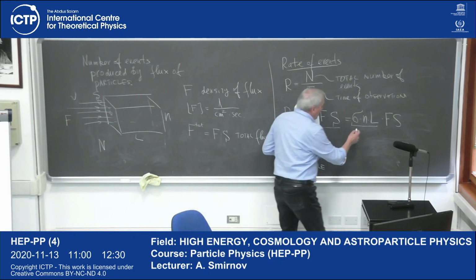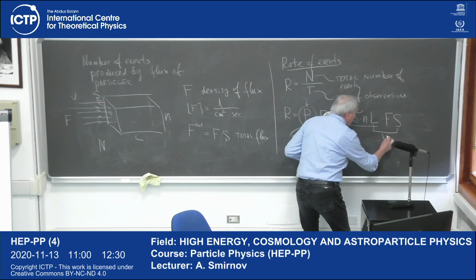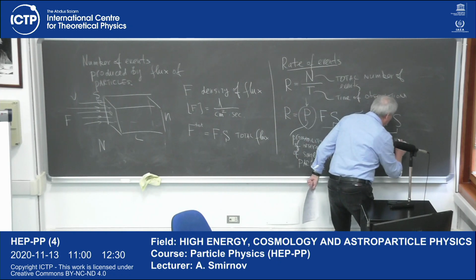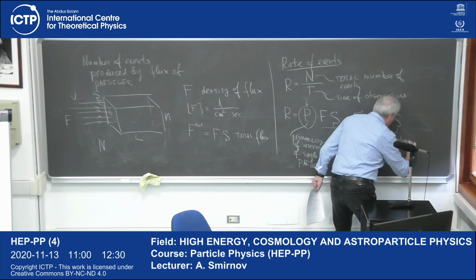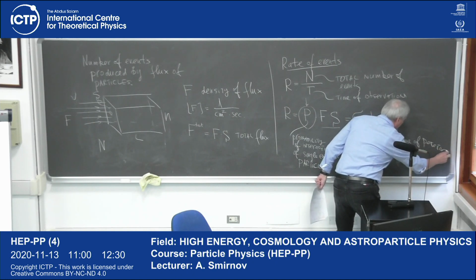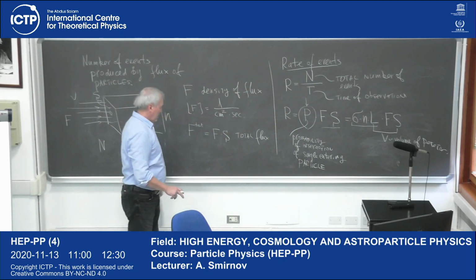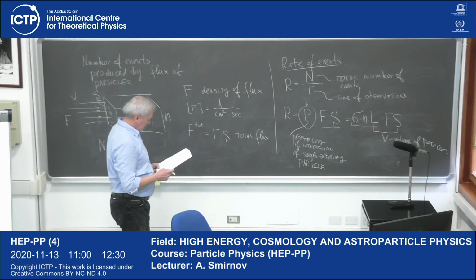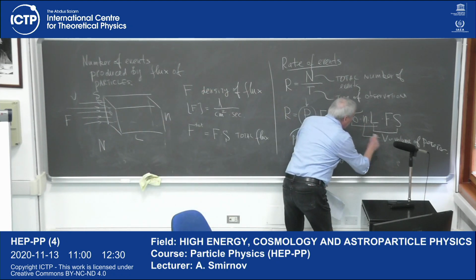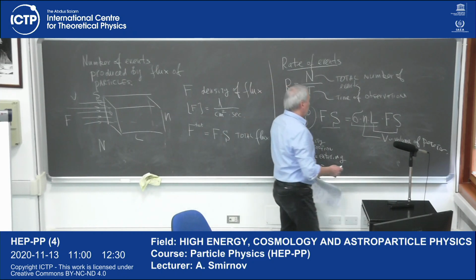Now, you see, L multiplied by S gives the volume of the detector. Multiplying by n gives me the total number of particles, scatterers, in the detector.